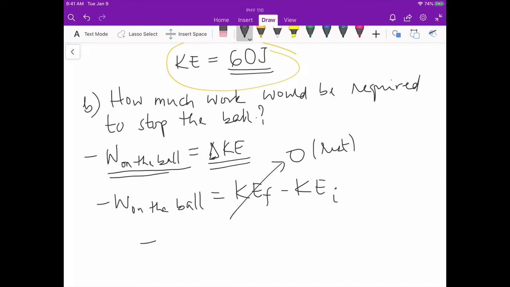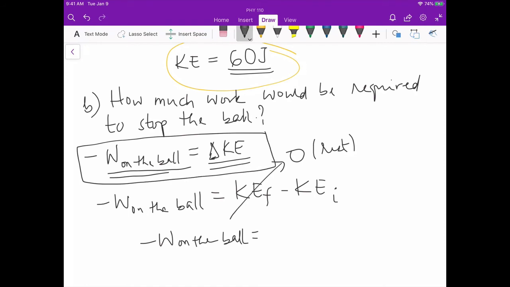So therefore, the negative work on the ball, because of that energy theorem, the textbook doesn't state it, but it just randomly uses it. It has a full proof in higher level physics, but we don't care much. Minus the initial kinetic energy.